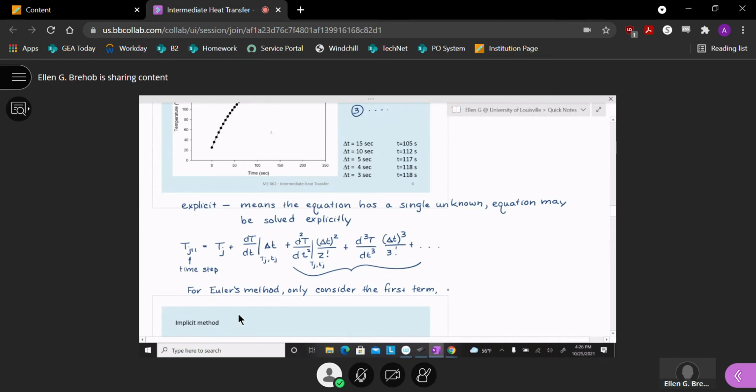So we're chopping off all these higher order terms. We talked a little bit about this before, that these higher order terms we're neglecting. And so we say our truncation error for this Euler's method is of order delta t squared, because that's the first term we're leaving off.